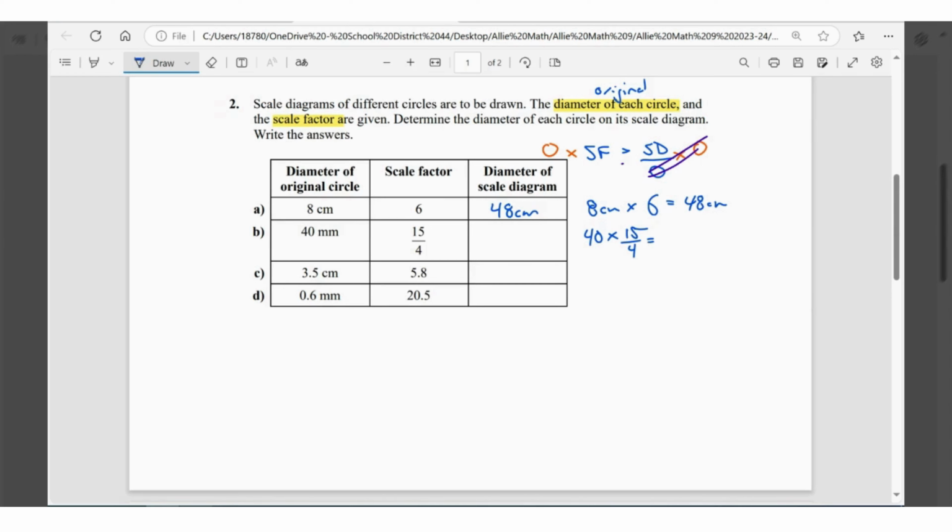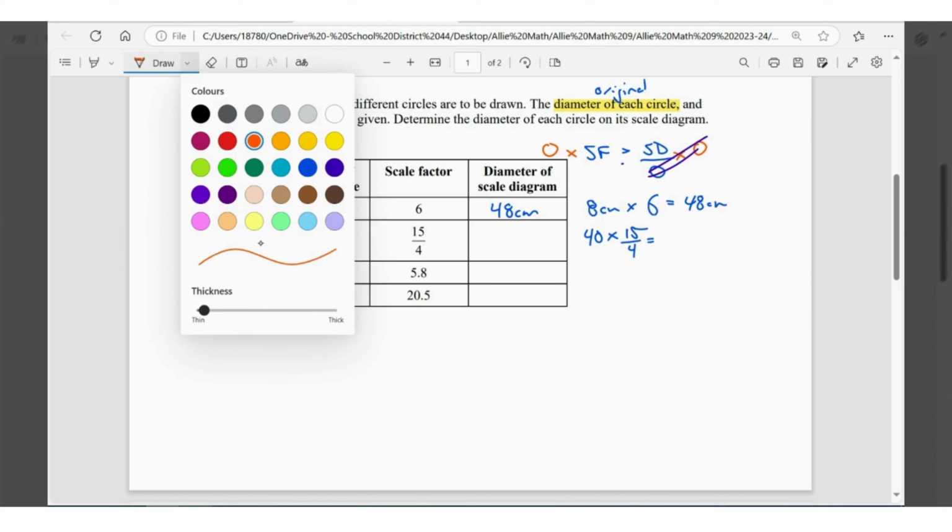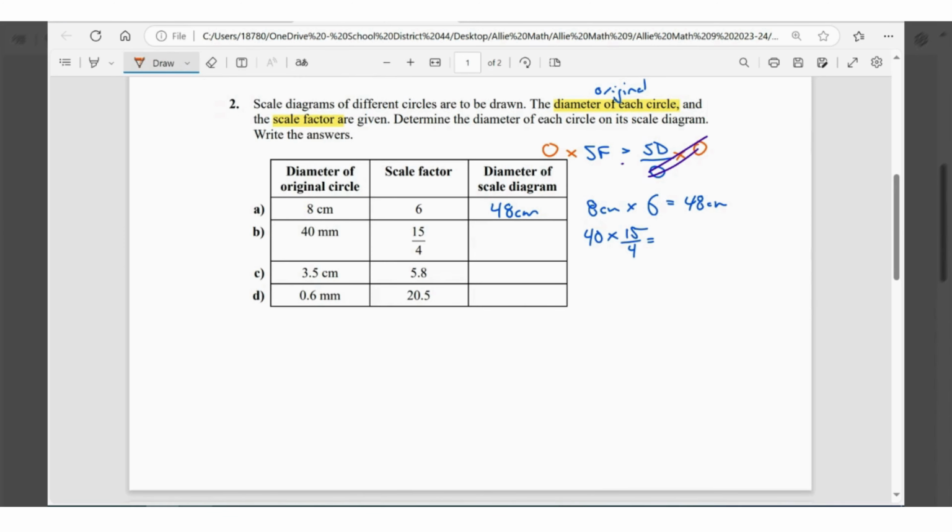And you could cross reduce here before we multiply those, or you could do 40 times 15, which I think is 600. So you could do 600 over 4, which equals 150 millimeters. We also could have cross-reduced. That'd be 1. That would be 10. 10 times 15 is 150, missed an M, millimeters.